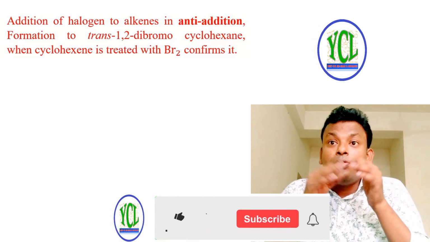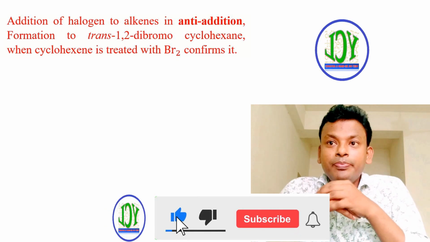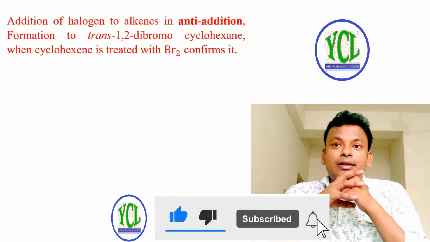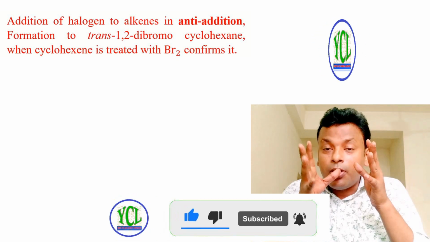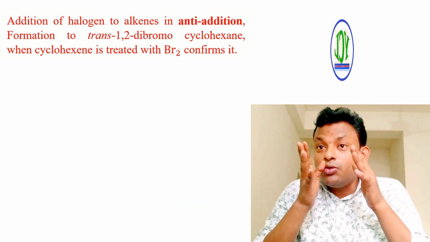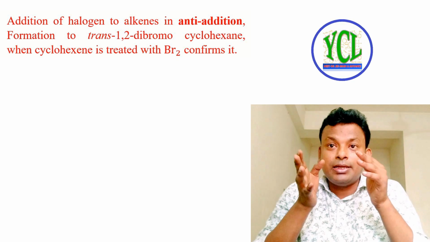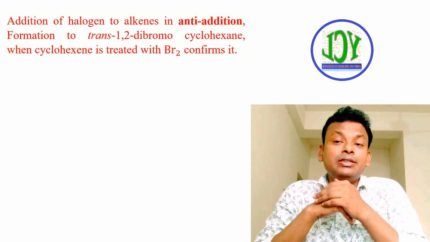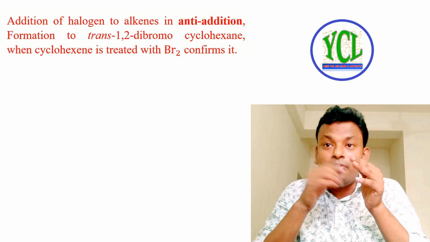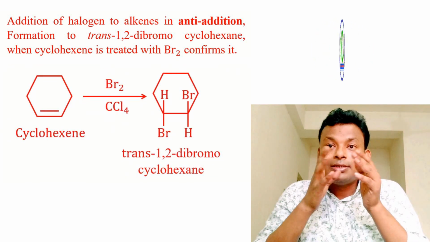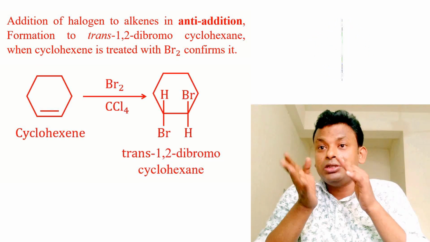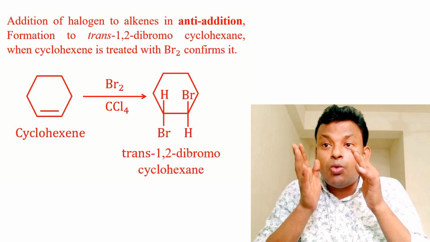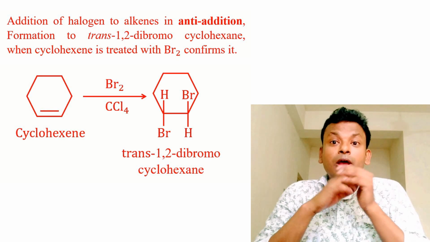Addition of halogen to alkene is anti-addition. Formation of trans-1,2-dibromocyclohexane: when cyclohexene is treated with Br2 in CCl4, it forms trans-1,2-dibromocyclohexane.